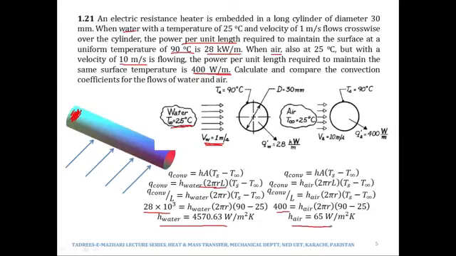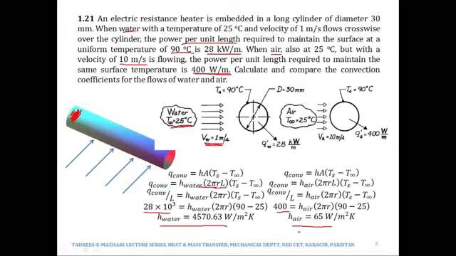Now you can see that h of water is greater than h of air. It means that when water is flowing over its surface, it will convect away a lot more energy. Over here it is only 65, and on the other end it is 4570.